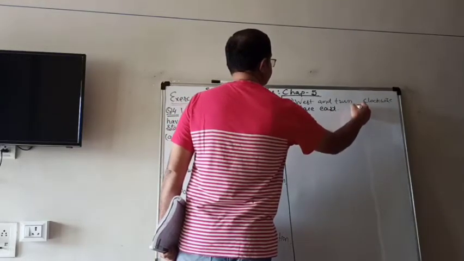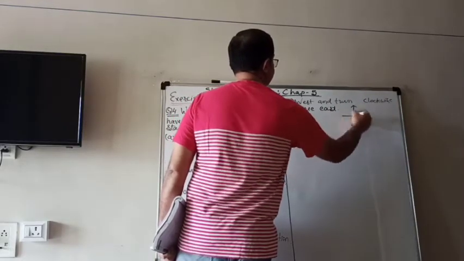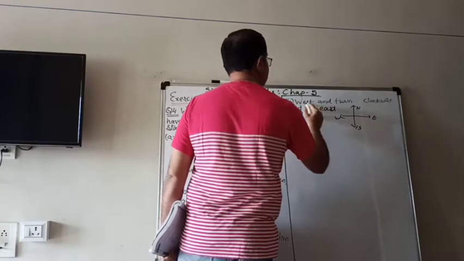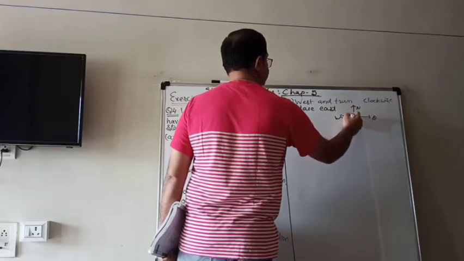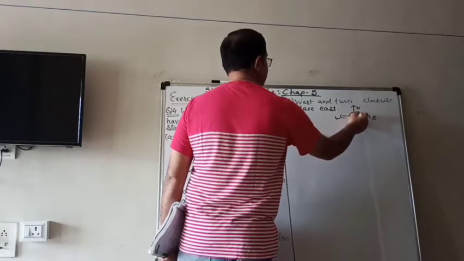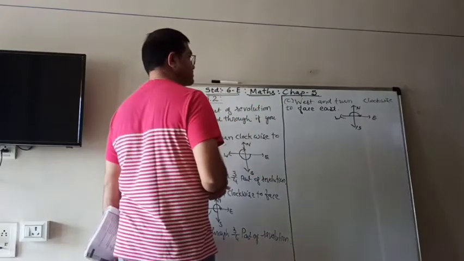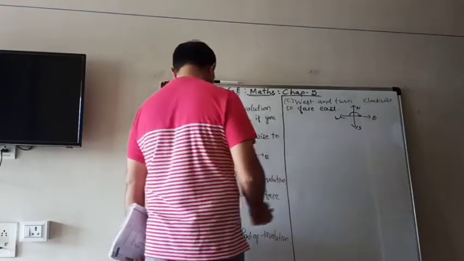So now, with east, west, north, south drawn, starting from west, turn clockwise to face east. And you can see that 2 right angles means it is half part.